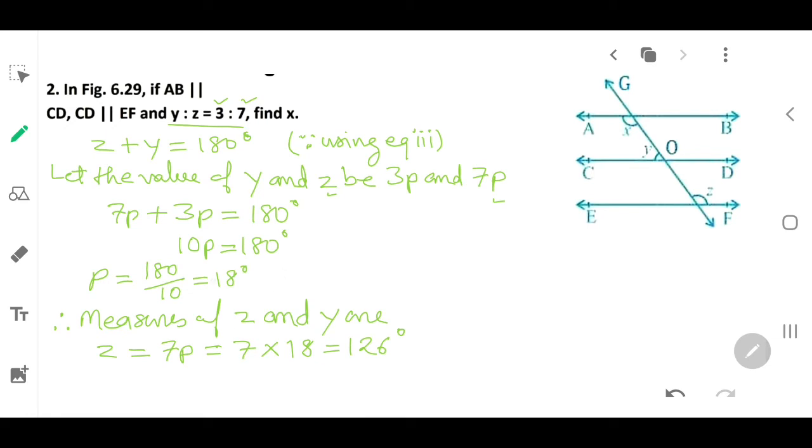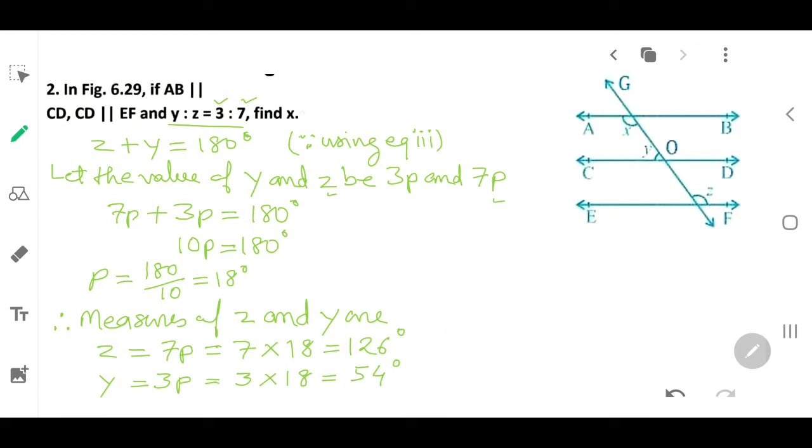And what is the value of y? So y is equal to 3p. So you can write here 3 into value of p, that is 18. So you will get 54 degree, correct?